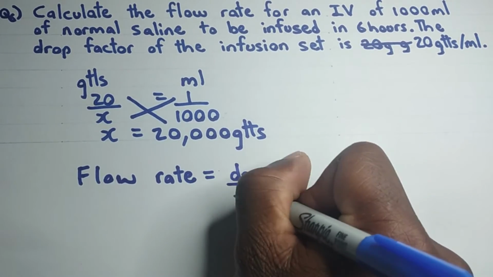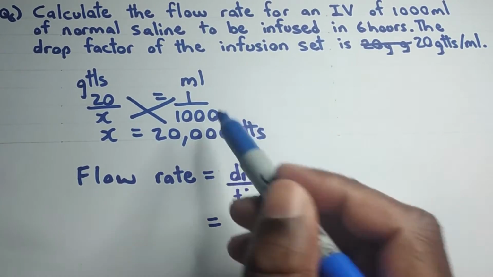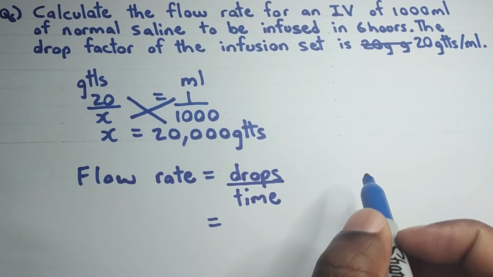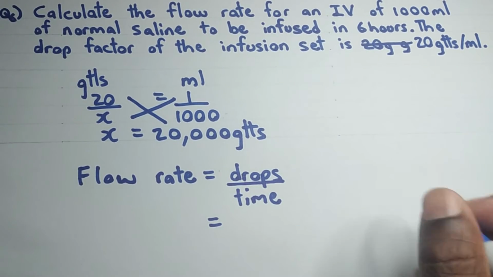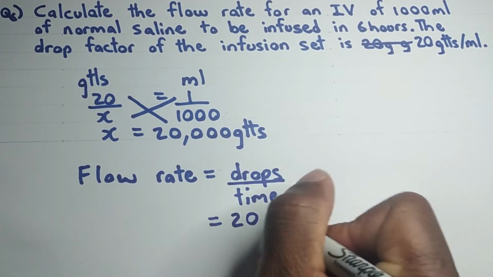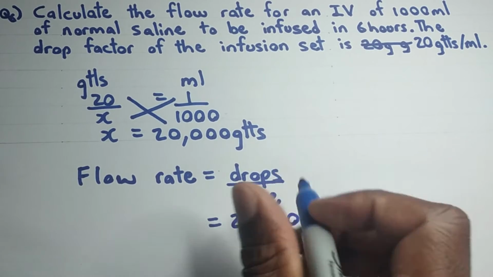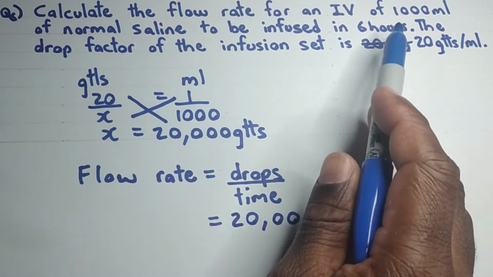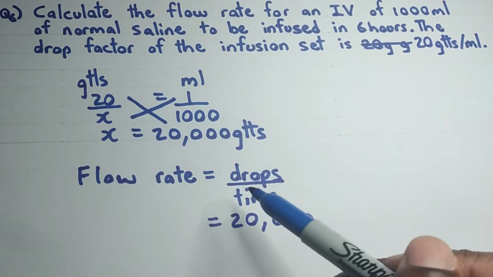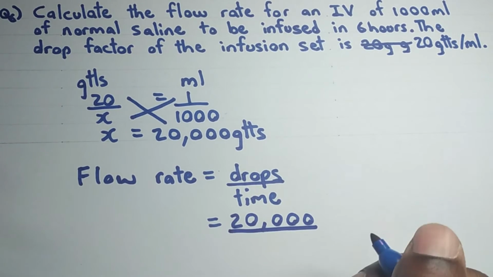So the flow rate is the drops per time. Once you hear the term rate, you know that you're comparing something to time. So we want to pretty much calculate the drops per hour. That's what we want to do when they ask us to calculate the flow rate. We want to know the drops per hour.